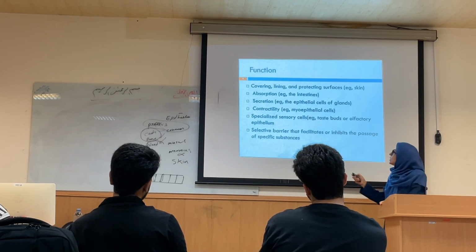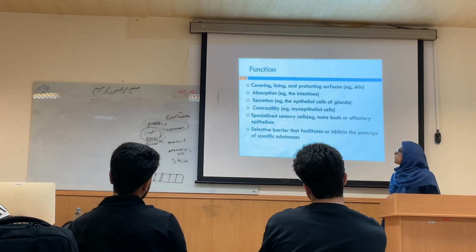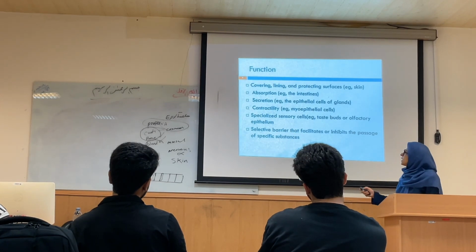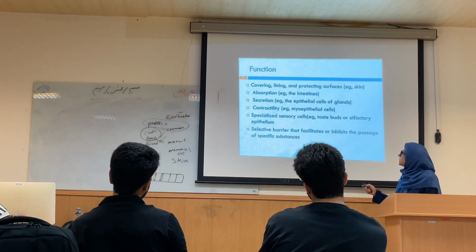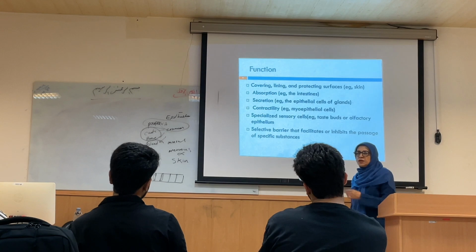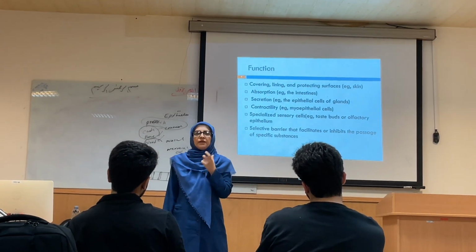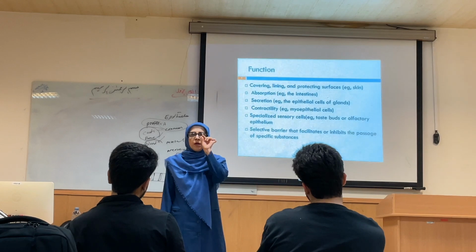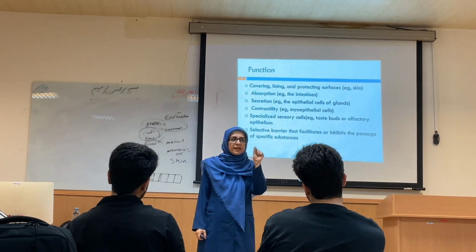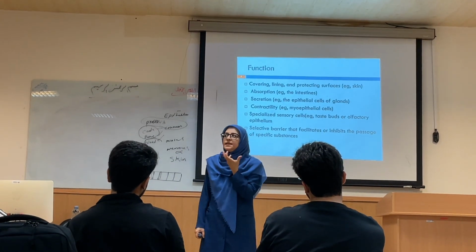Contractility includes some special cells that I will explain for you later. They can act as specialized sensory cells, such as the tongue. Yes, the tongue is lined by one type of epithelial tissue, but includes some cells that are involved in tasting.